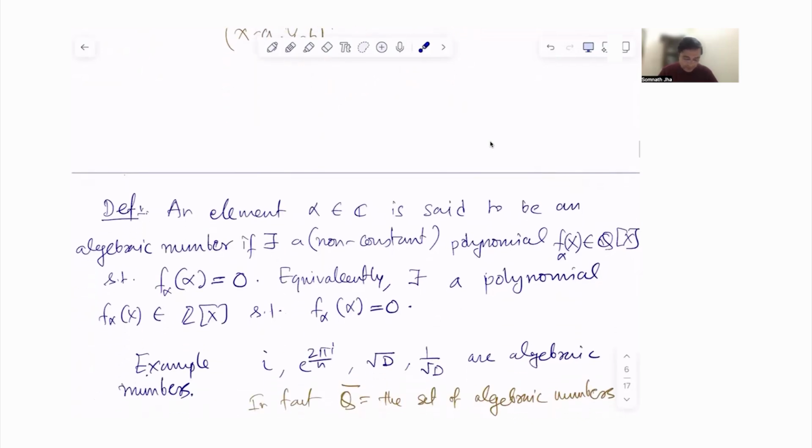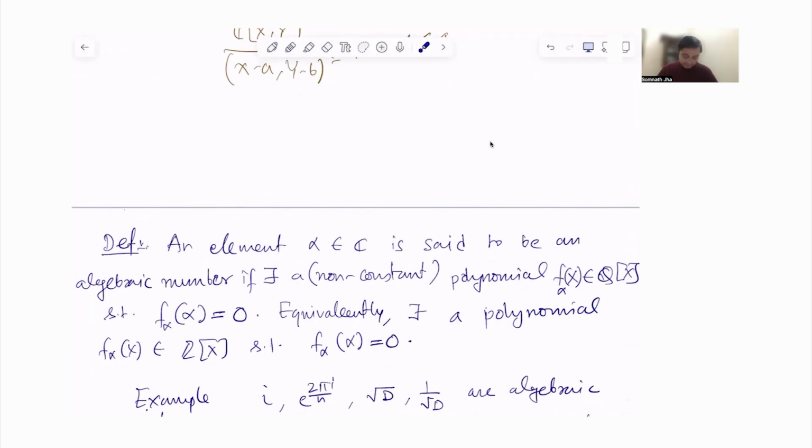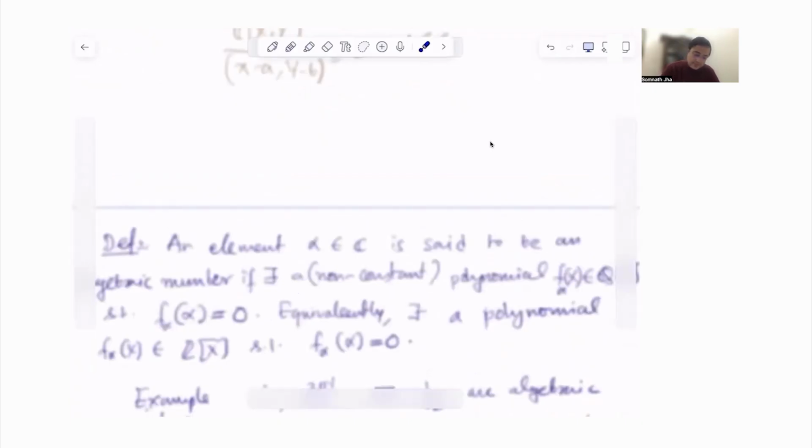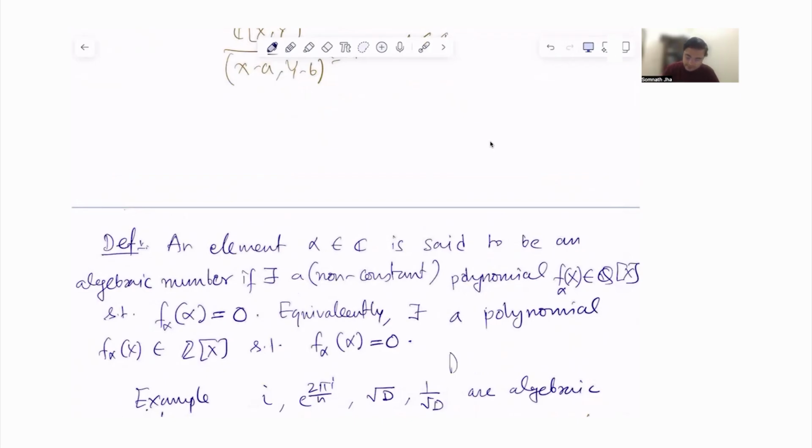I gave some examples: the root of x squared plus 1; e to the power 2 pi i by n is a root of x to the power n minus 1; root d is a root of x squared minus d; 1 by root d is a root of, for example, d x squared minus 1 equal to 0.